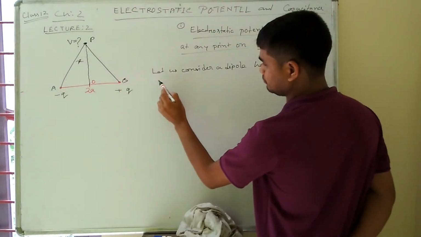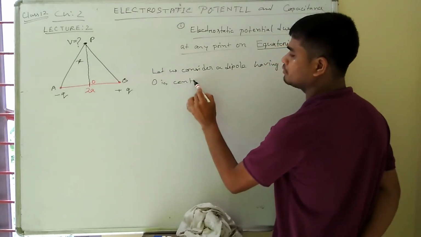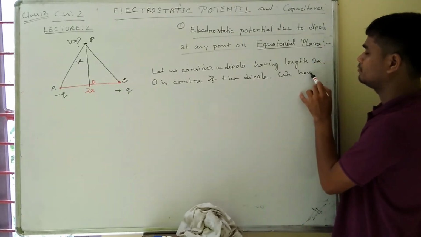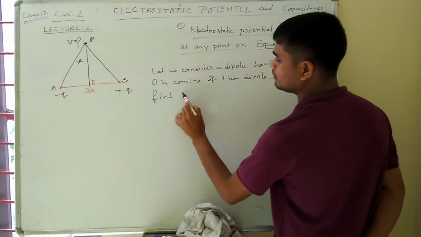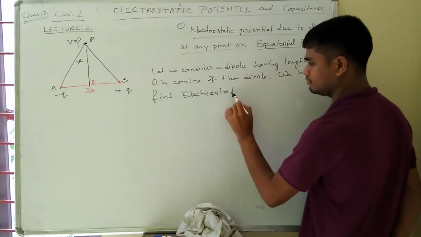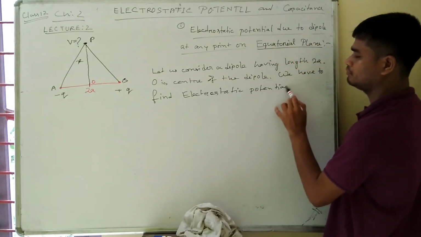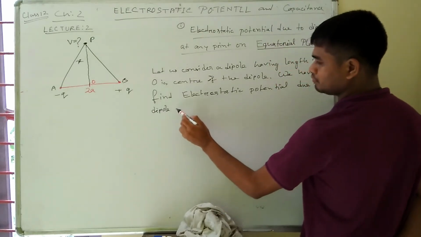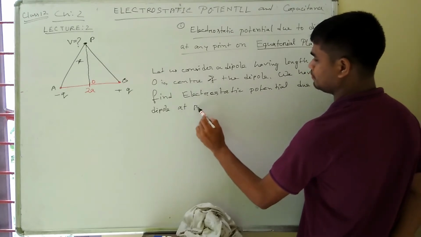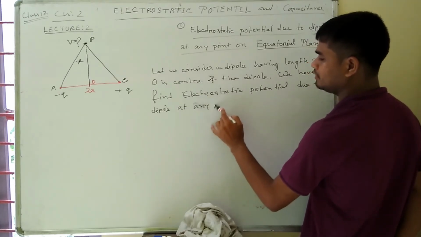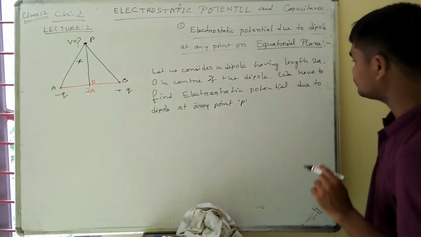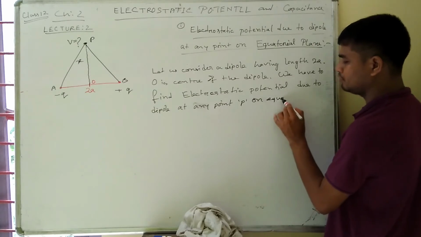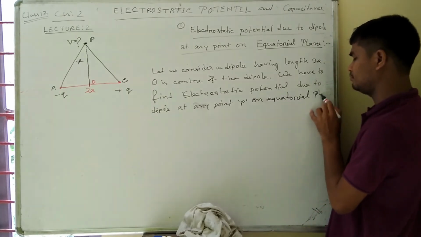With the center of the dipole, we have to find the electrostatic potential due to the dipole at any point P, which is on the equatorial plane.